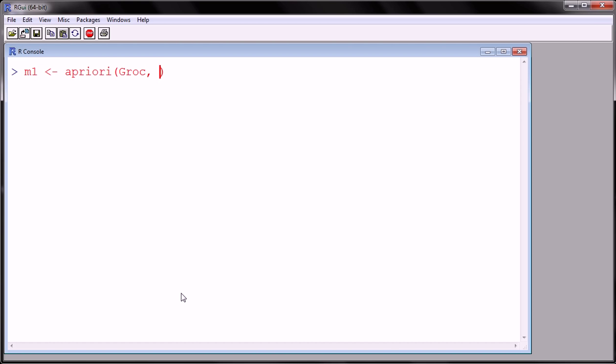To lower the minimums, we can define them ourselves in the parameters. We're going to set the minimum support to something in the neighborhood of 0.007, and the minimum confidence, instead of 0.8 or 80%, let's put it at 10%, or actually let's do 25%.